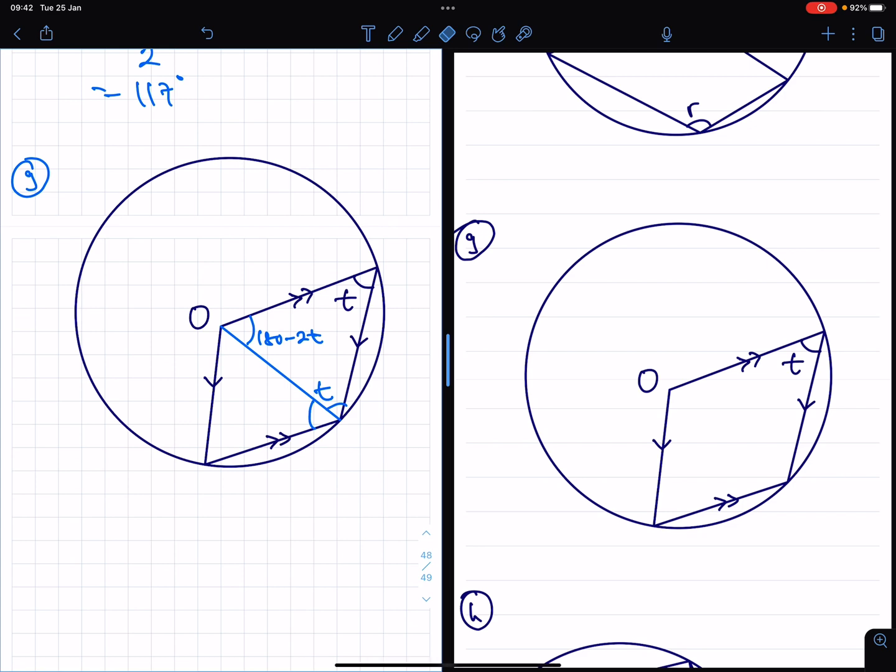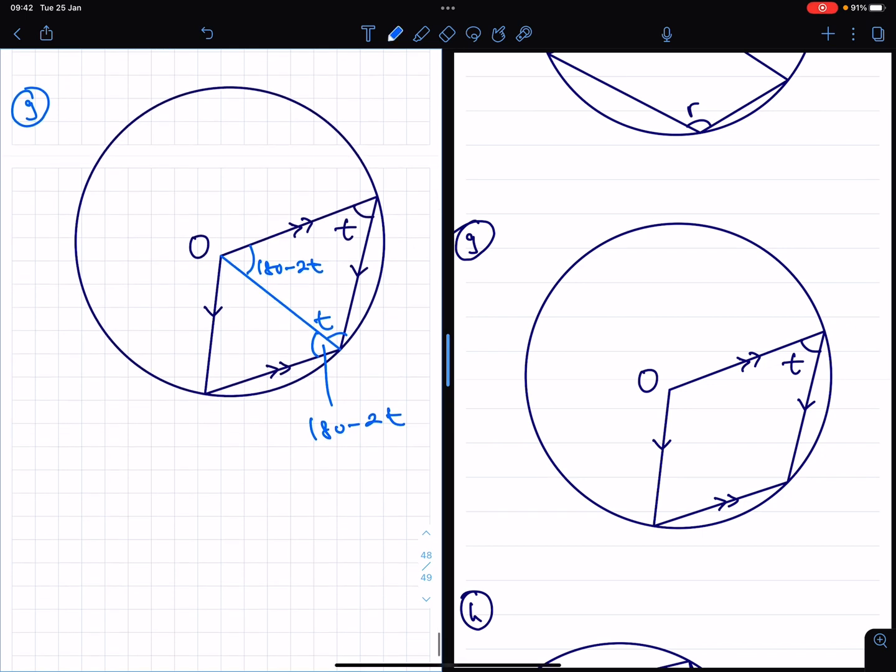And that simply means this angle, this one, will also be 180 minus 2t, alternate angles. Now if this is 180 minus 2t, that means this is also 180 minus 2t, because this angle and this angle are the base angles of this isosceles triangle.